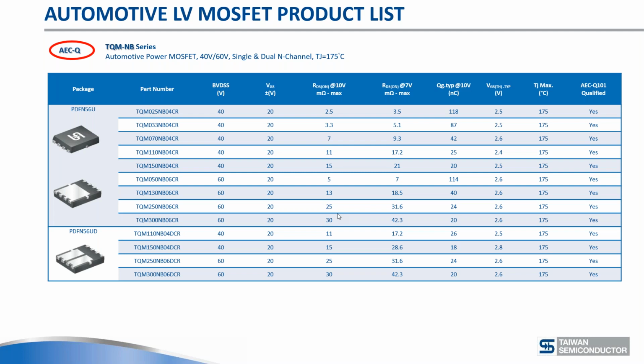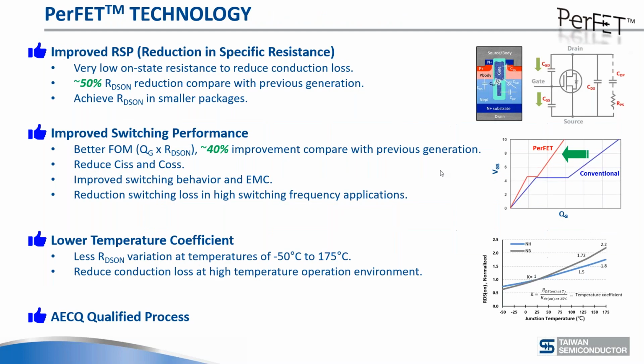So we've entered the automotive MOSFET market already more than 2 years ago, and we're moving on now to what we call the PerFET technology. I'm not going to go into detail on the design of a split gate technology MOSFET, but it has two or three big advantages. One is the improved specific on resistance, that is, the resistance per square millimeter.